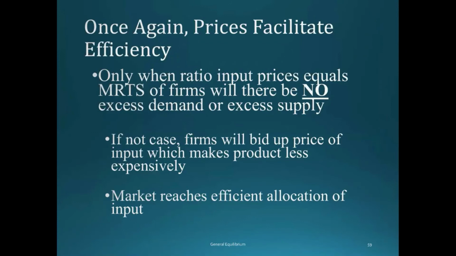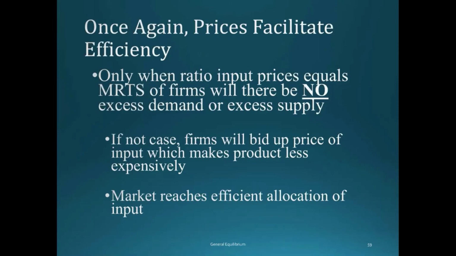Again, prices are going to facilitate efficiency. Both of the firms are going to choose inputs such that the marginal rate of technical substitution is equal to the ratio of prices of the two inputs. And if one of the inputs is too cheap so that there's excess demand for that input, there should be this bidding up process.